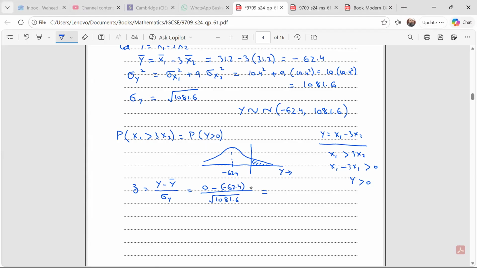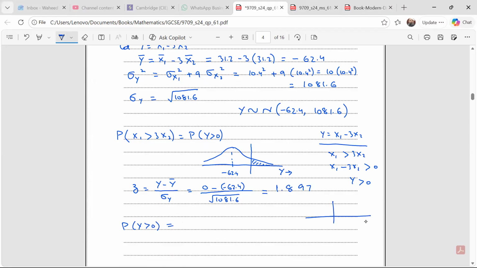This whole thing comes out to be, as I calculated earlier, 1.897.